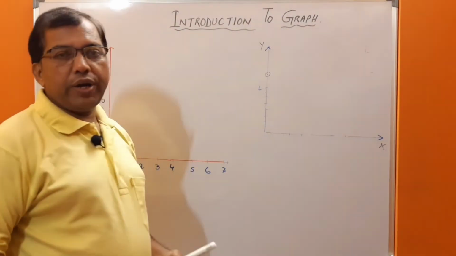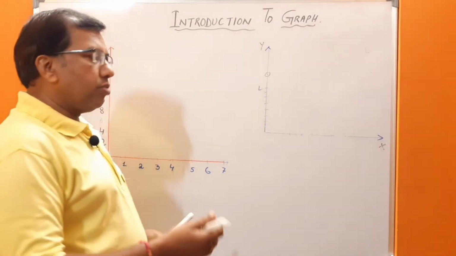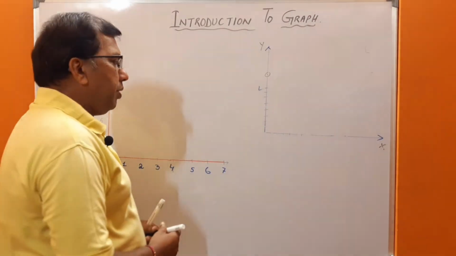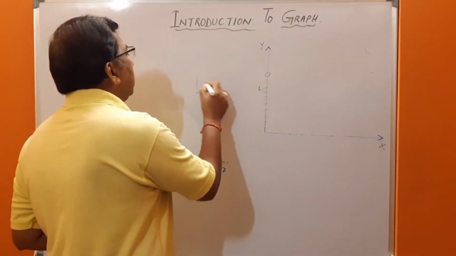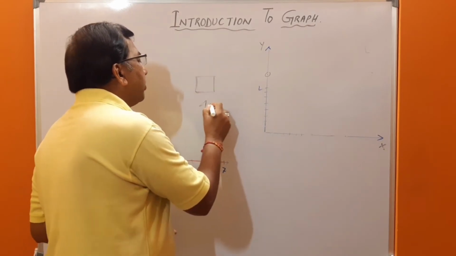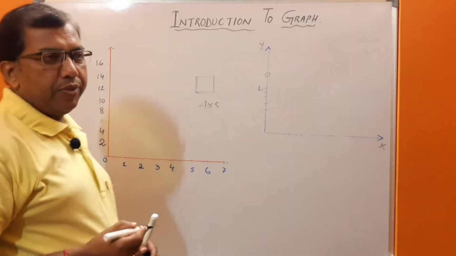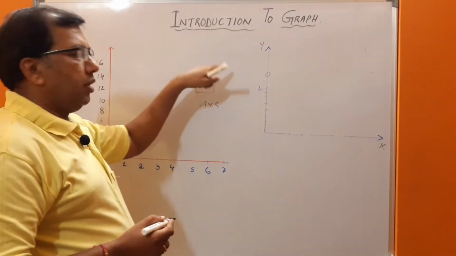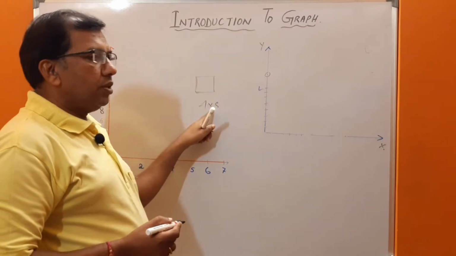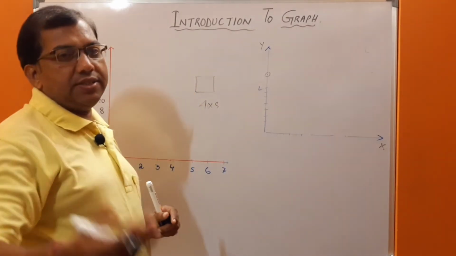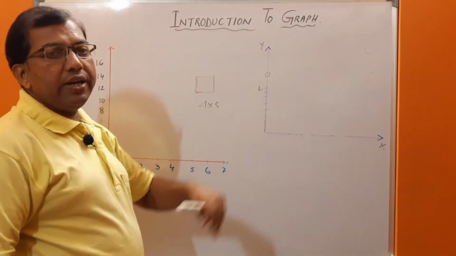Suppose perimeter of square. The perimeter of square is side plus side plus side plus side, 4 into side. If the side varies, the perimeter will vary.